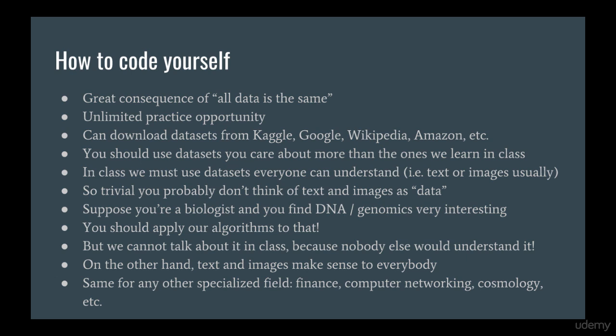The downside is, we most likely won't talk about DNA in class unless it's a very simple example, because most computer scientists are not biologists too. So they don't know what DNA is. They don't understand the specifics. So an example wouldn't make much sense to them. This is opposed to text and images, which makes sense to everybody. Same goes with any other specialized field like finance, computer networking, cosmology, and so on.